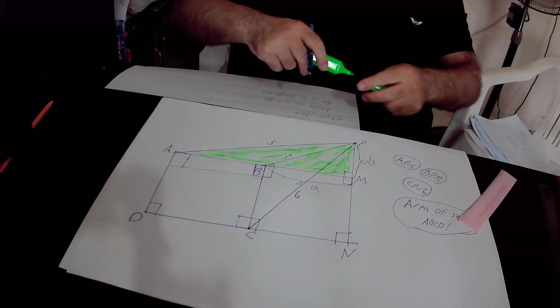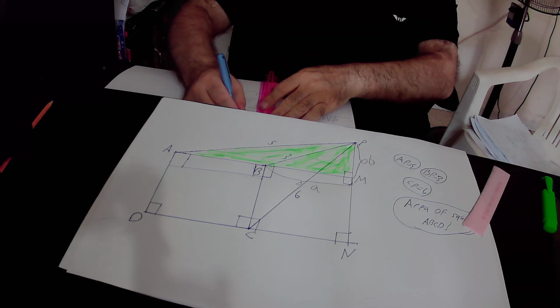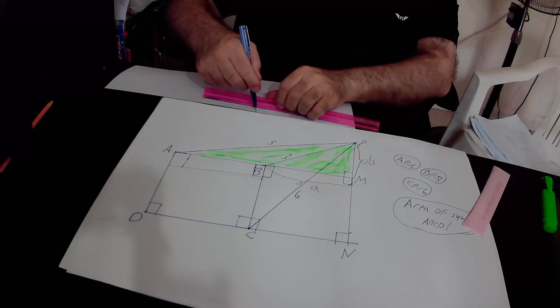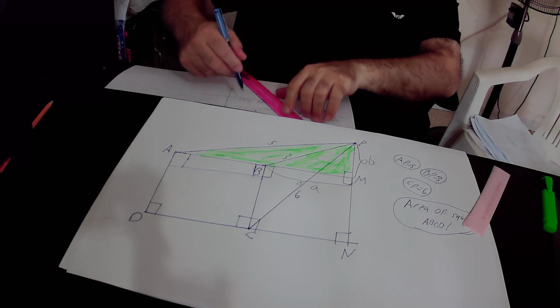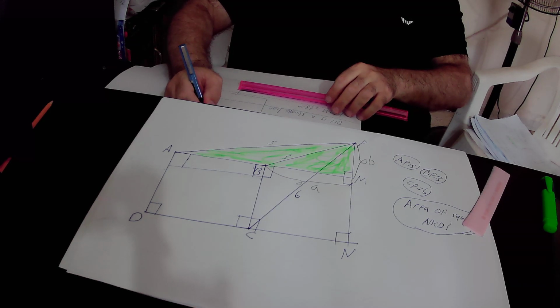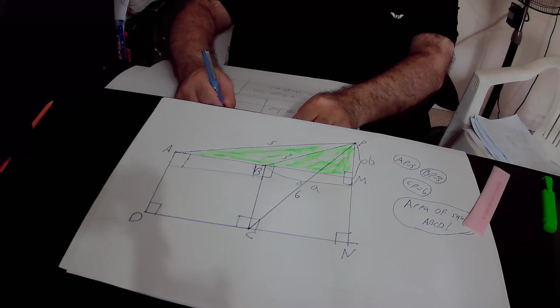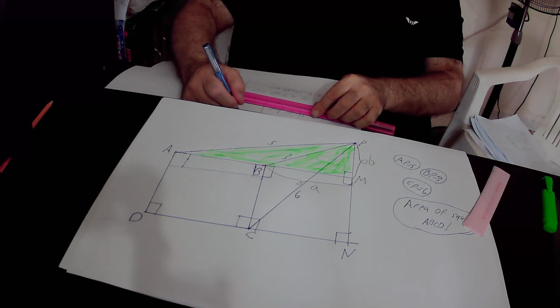And according to the Pythagoras theorem, in the right triangle, triangle APM, the right green triangle, the square of the hypotenuse equals the sum of the squares of the perpendiculars.